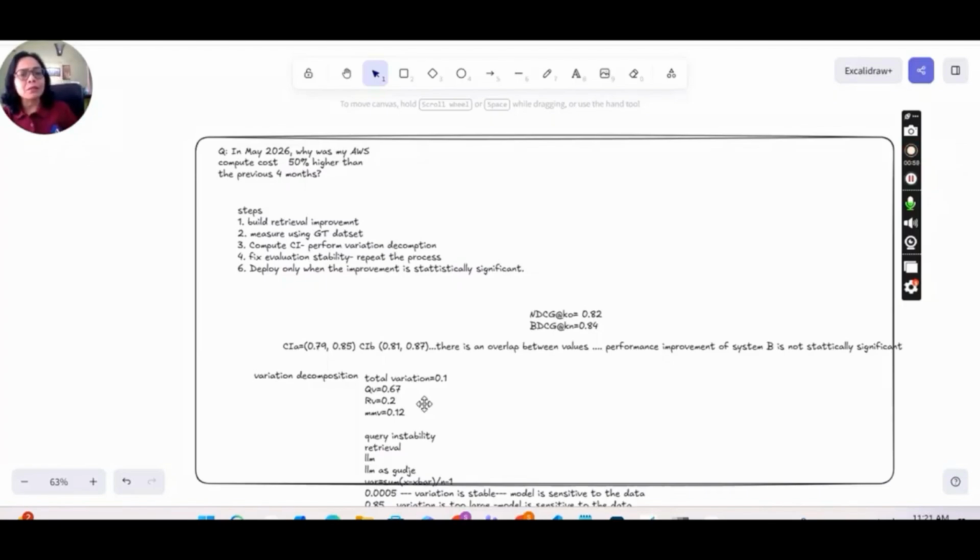Why are we making it balanced? To reduce this query variability from 67% to some lower percentage. And why is this reduction required? Because with that we can say that the two systems, the confidence intervals of A and B, will perform in a better way when actual traffic comes. It will not give hallucinated responses for unseen user queries. During our development or testing phase, as per our previous traffic, we prepare one evaluation data set.